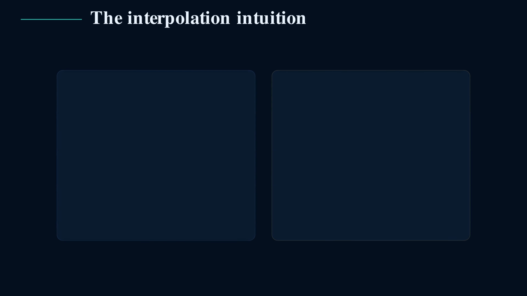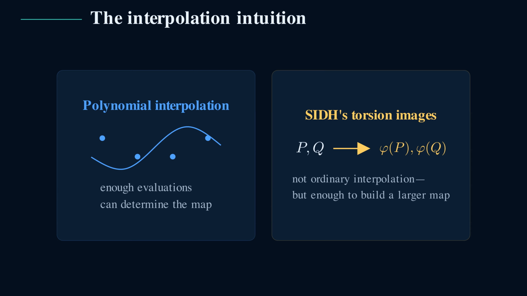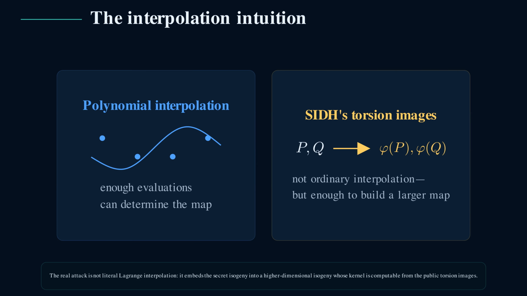A useful intuition is interpolation. With an ordinary polynomial, enough evaluations can determine the whole polynomial. SIDH publishes the secret isogeny's values on a torsion basis, so it is natural to ask whether those evaluations can determine the hidden map. But we should be precise.